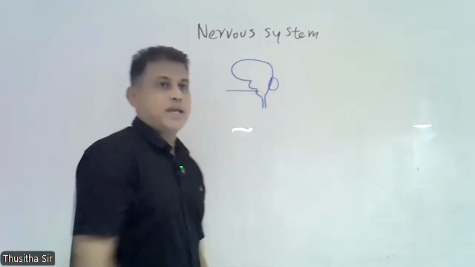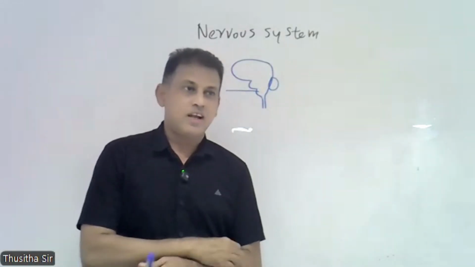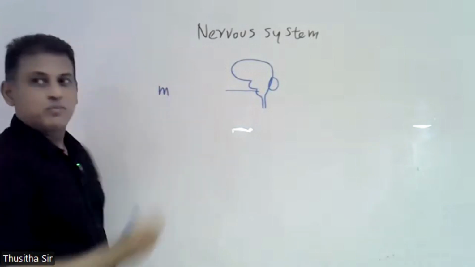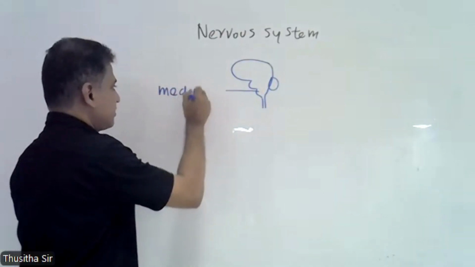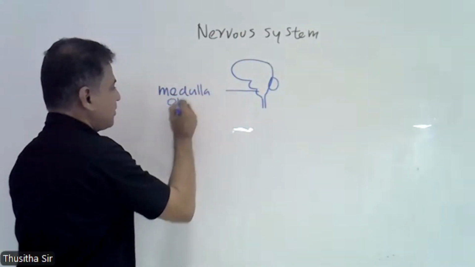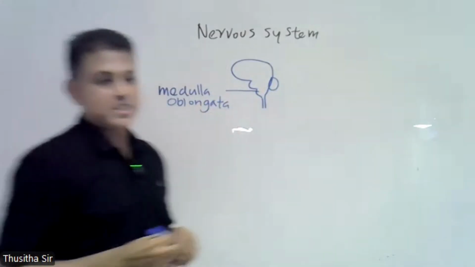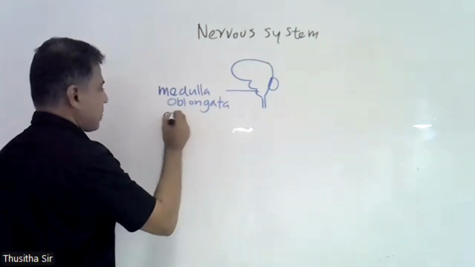Here there is a place called, starting with M. Yeah. That part is called the medulla oblongata, and it has the cardiac center.